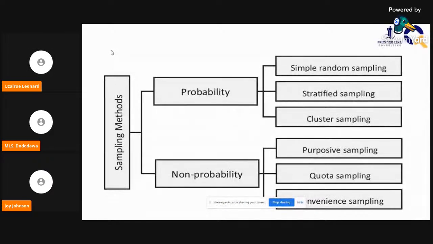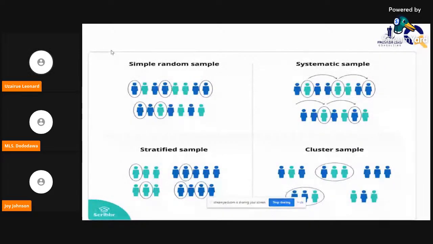So about that, we're now going to look at each of these different subgroups. I'll go to the first part, which is random sampling. This is just a kind of representation.